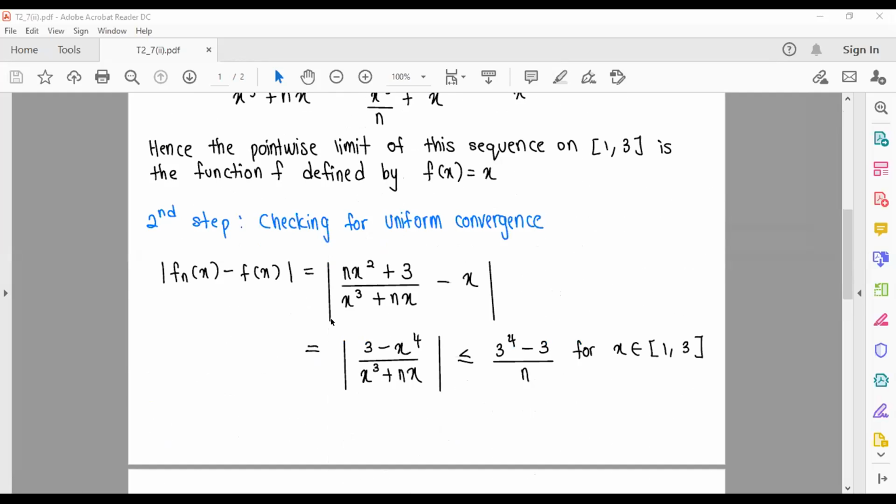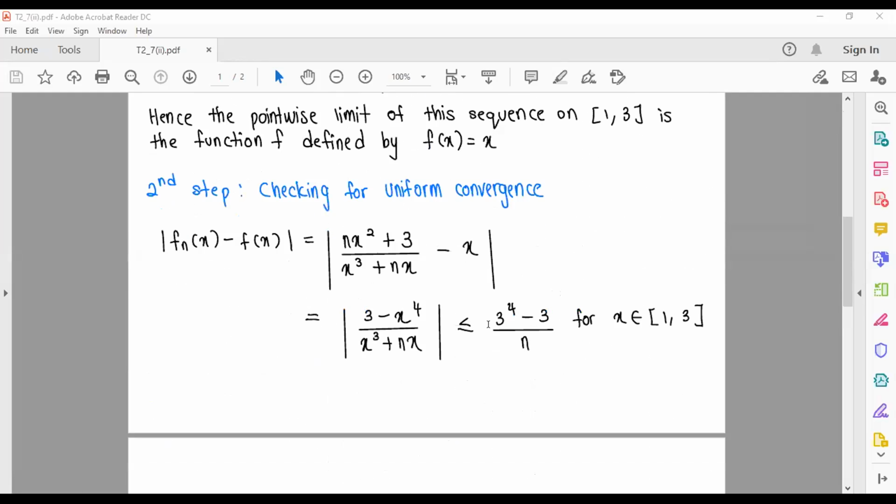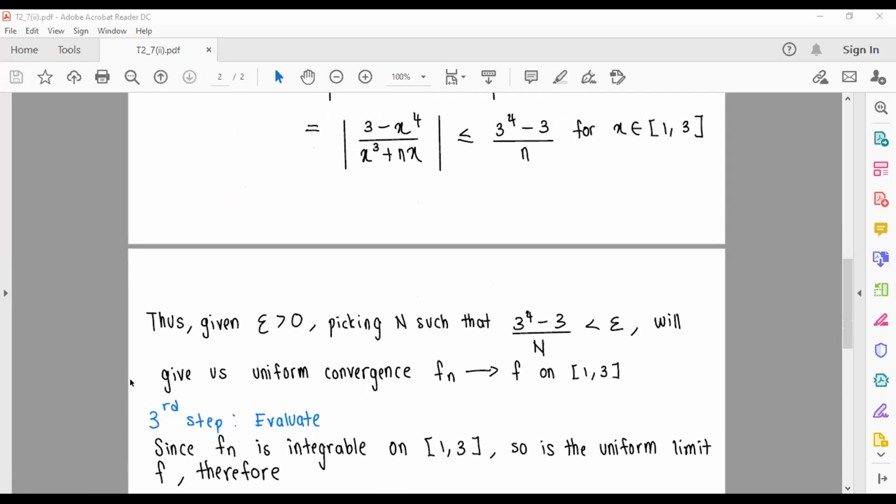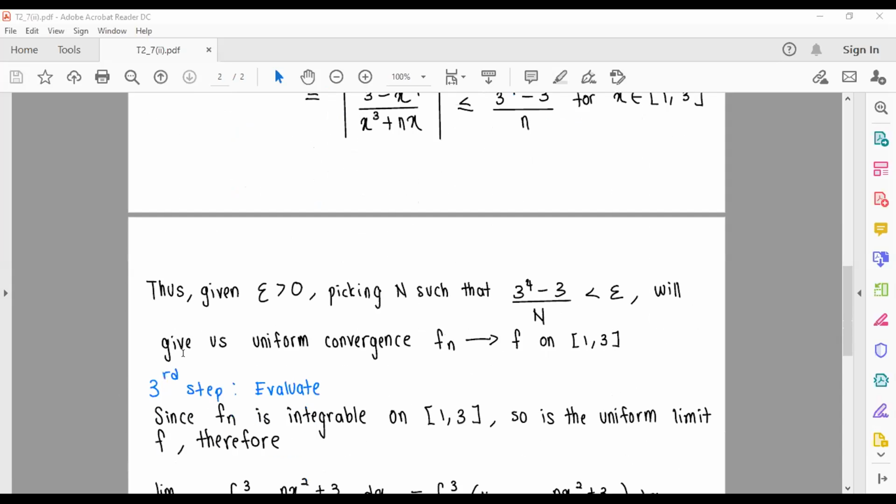So here we have that 3 to the power of 4 minus 3 over n is greater than (3 to the power of 4 minus x to the power of 4) over (x to the power of 3 plus nx) for x in [1, 2, 3]. Thus, given epsilon greater than 0, taking n such that (3 to the power of 4 minus 3) over n is less than epsilon, we will get uniform convergence of fn approaching f on [1, 2, 3].